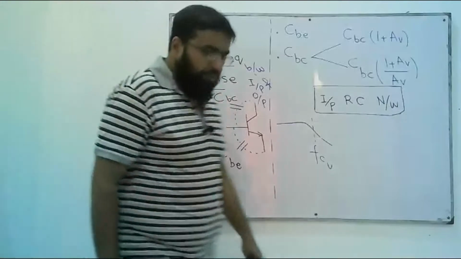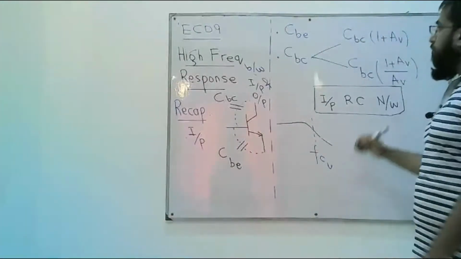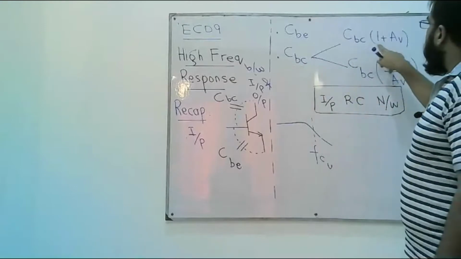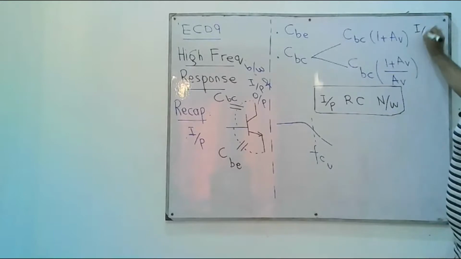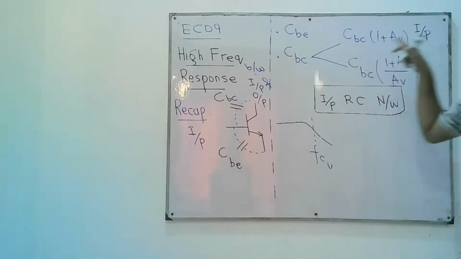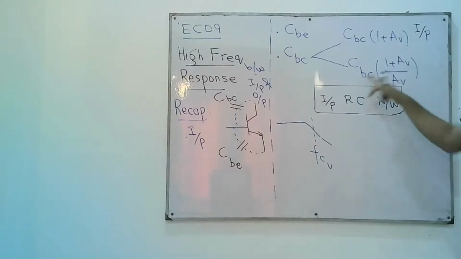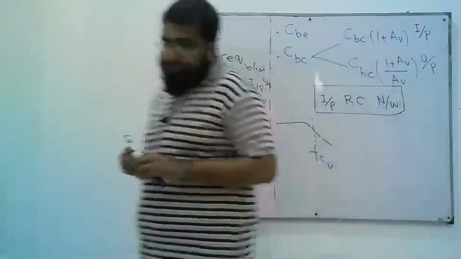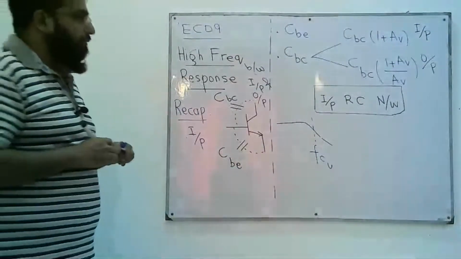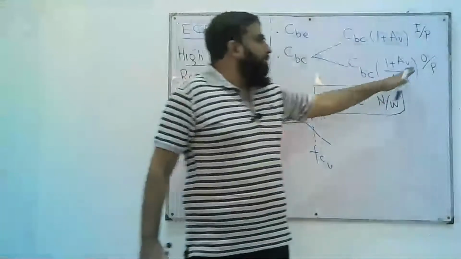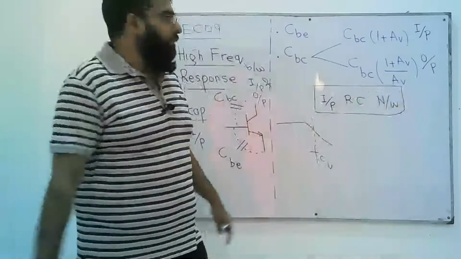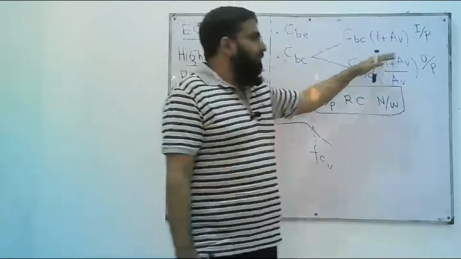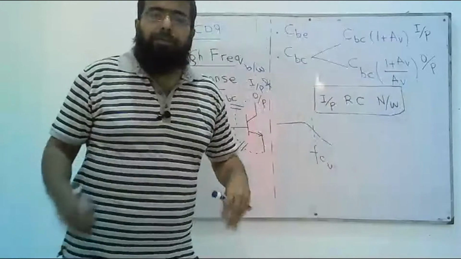After a small proof, we concluded that the portion of CBC on the input side is CBC times 1 plus AV, and the portion visible at the output is CBC times (1 plus AV) over AV. We also studied that if AV is large, this ratio is very close to 1, because adding 1 to a very large value and dividing by that large value gives a number very close to 1.